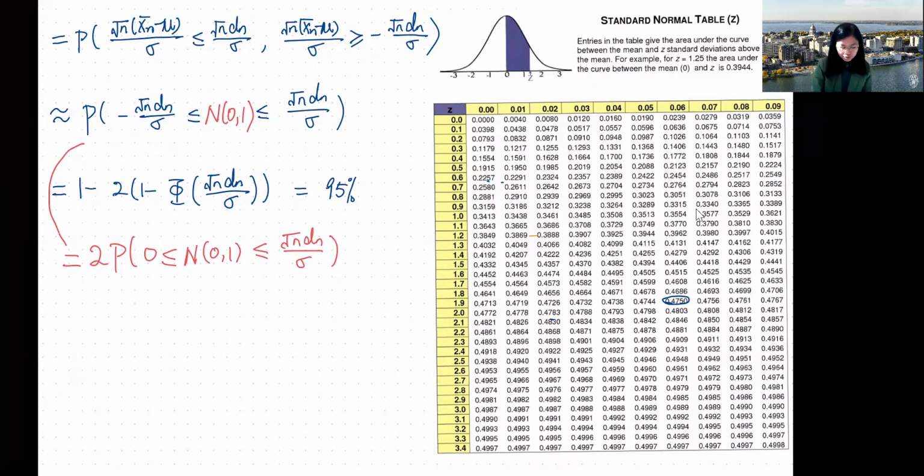So I want that to be 95%. That means the probability that the standard normal is between 0 and root n Dn over sigma is half of 95%, which would be 0.475.